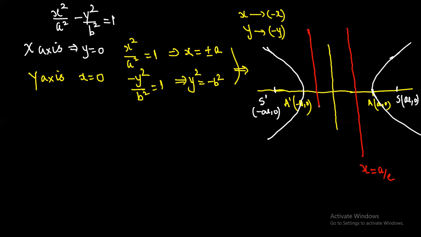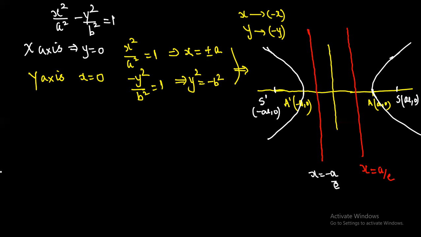As it is symmetric about the x-axis and y-axis, there will be two foci and similarly two directrices. So for (-a, 0), the directrix is x = -a/e.